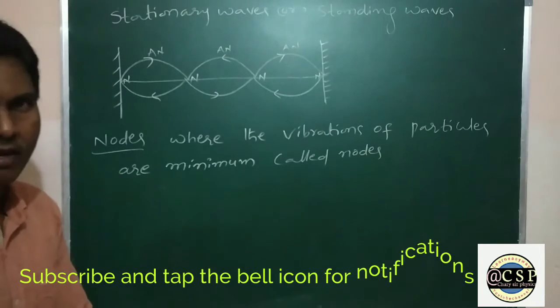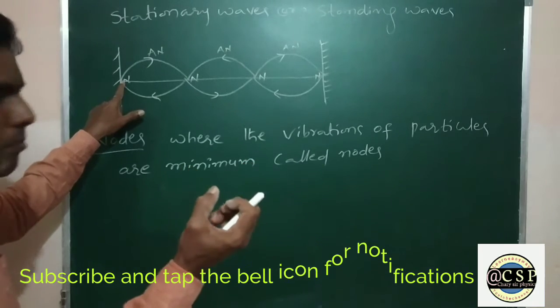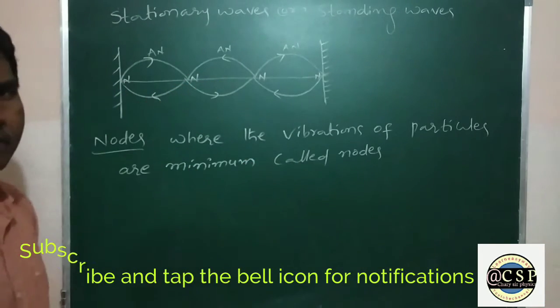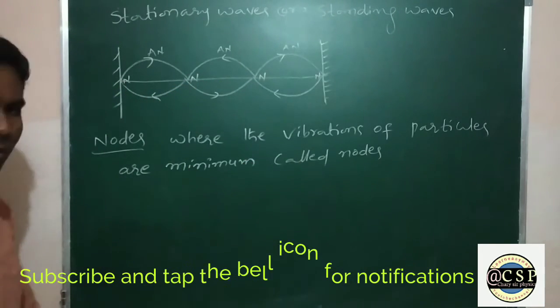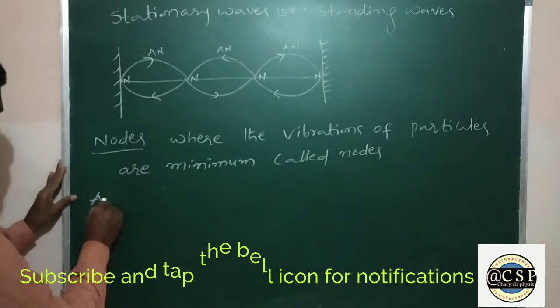They are called nodes. The vibrations of the particles are minimum at these places, so the nodes are already indicated in the diagram.